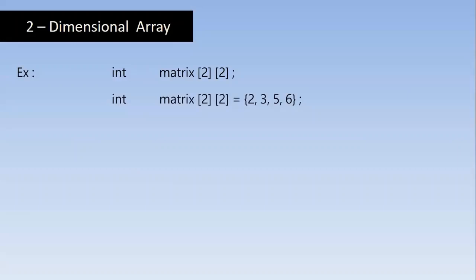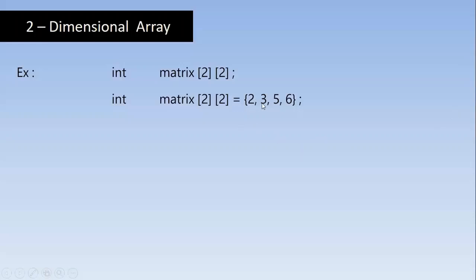If you want to assign the variables at the beginning of the declaration, I mean, if you want to initialize, so initialize in this way. Matrix 2 of 2, which means it is going to have two rows and two columns. 2 into 2 gives you 4. So you can have 4 elements stored in it. It starts from putting the elements in the first row and it goes down the rows.